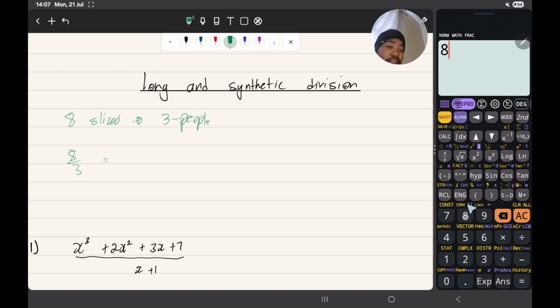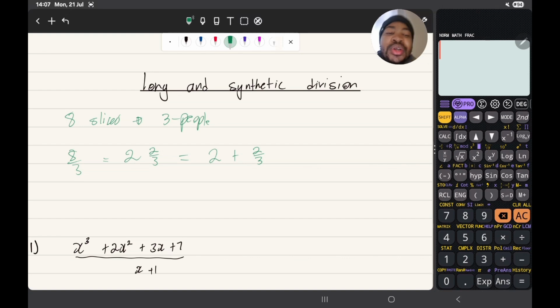Let me check, 8 over 3. Yes, it is 2 and 2 over 3. And this is the same as 2 plus 2 over 3.